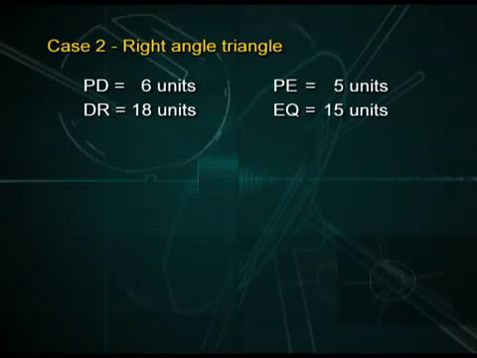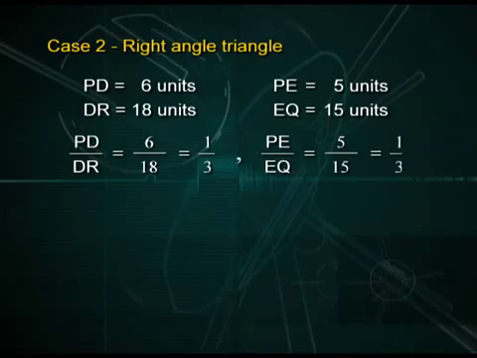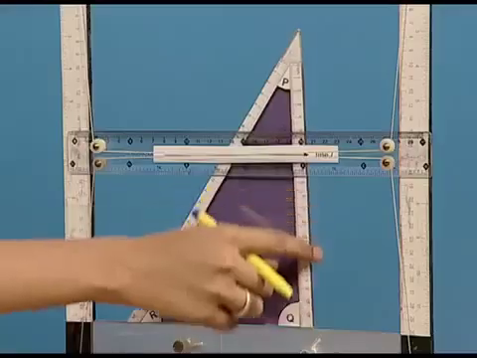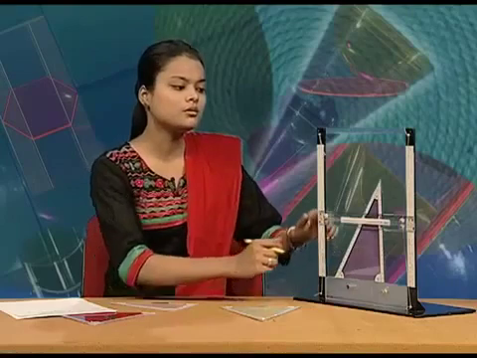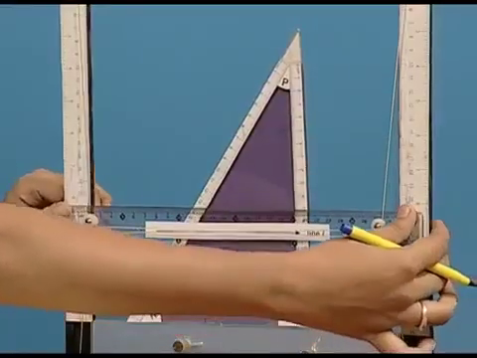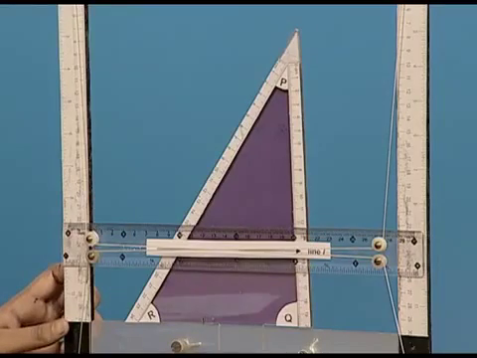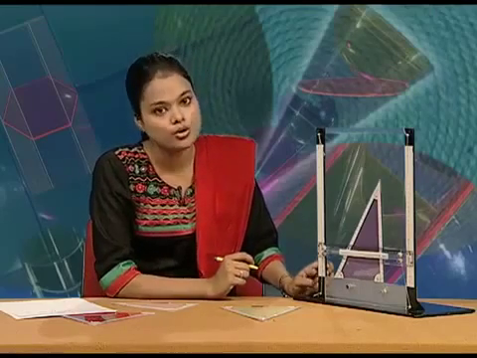Now, by mathematical manipulation, PD by DR is 6 by 18, which is coming out to be 1 by 3, and PE by EQ is 5 by 15, which is again coming out to be 1 by 3, which again shows that the other two sides are divided in the same ratio. Now, you can repeat this process by putting the scale up and down and verify yourself whether the corresponding ratios are equal or not.